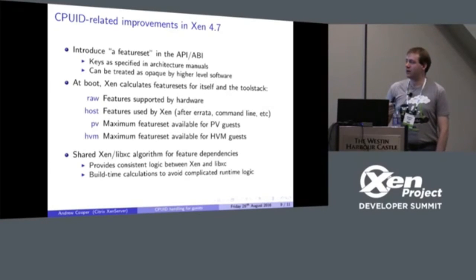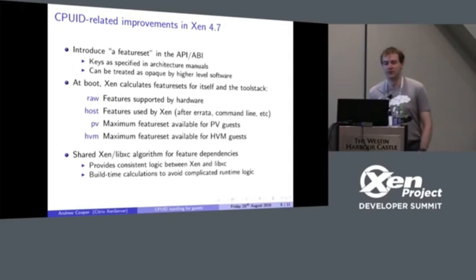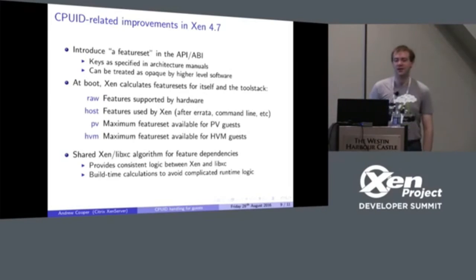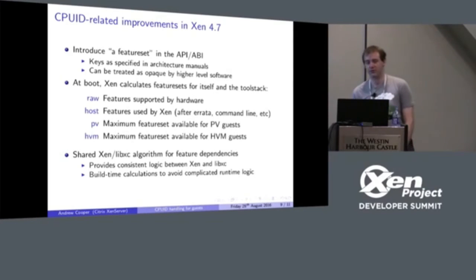In particular, one of the bugs we had a couple of years ago was that you would migrate from an older version of Xen to a newer version of Xen on newer hardware, and suddenly the sixth feature leaf, the new one that Intel introduced, was suddenly available and unrestricted to the guest because it was passed straight through from hardware because the software didn't know about it.